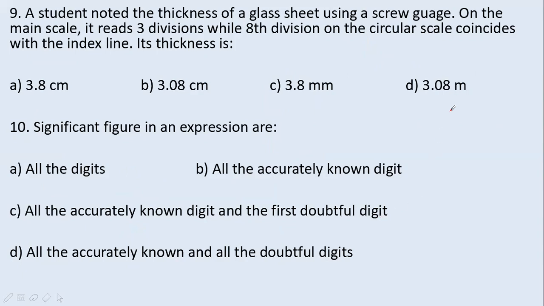It's not meter, it's millimeter. Significant figures in an expression are all the accurately known digits and the first uncertain digit. It's option C.